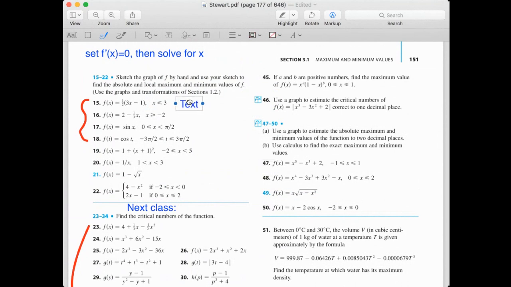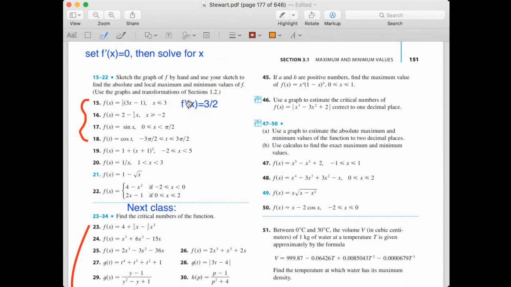Let's see the first one. The first one is a linear function, right? So for a linear function, the derivative is constant. It's just 3/2.